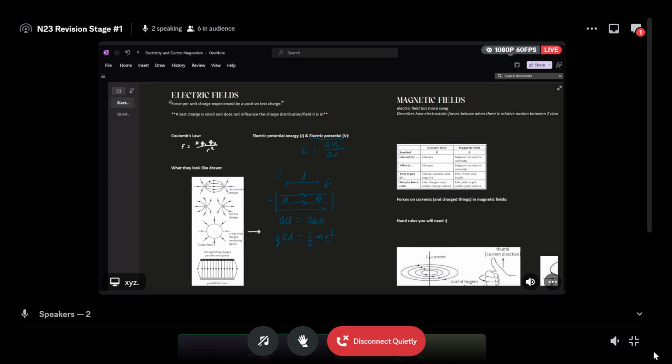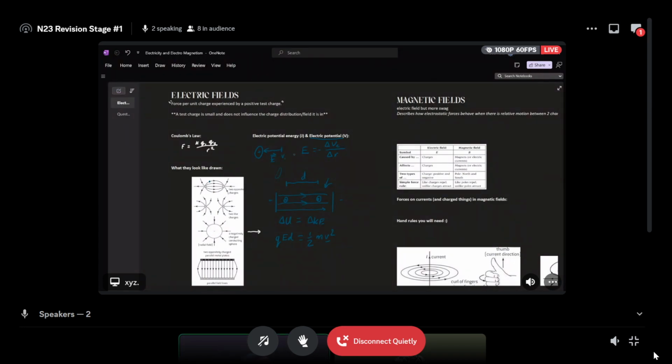is defined as the gradient of potential, and this is how the IB data booklet writes it. Essentially, the strength of an electric field is defined by how potential changes with respect to distance. So if you have a positive charge here, the electric field E will be equal to the rate of change of potential.